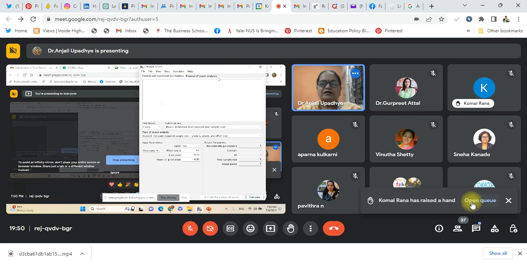Okay, see over here, what did we do? We selected the test family. We selected a priori. I am going to use the two-tailed test. I selected a moderate effect size, and the level of significance, type 1 error, as 0.05. Power of test, 1 minus beta, is 0.80. That means I am very confident about my results. Now with this, we'll go for calculate.